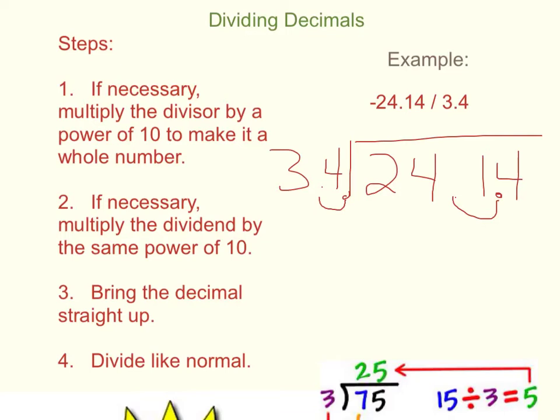We've completed steps 1 and 2. Now we bring our decimal point straight up so it's in the correct place for our quotient. Now we need to find out how many times 34 goes into 241.